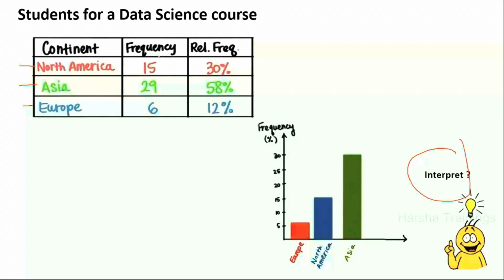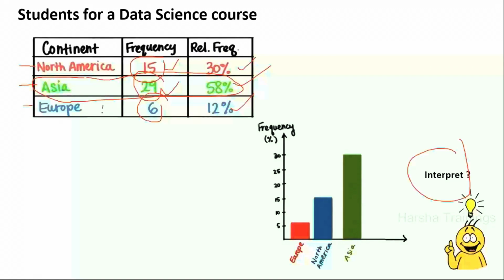Out of 50, 15 people are from North America, 29 from Asia, 6 from Europe. If I convert them into relative frequencies, 30% from North America, 58% from Asia, 12% from Europe. Now, if I concentrate more on Asia rather than Europe, can I increase the revenue of my organization?